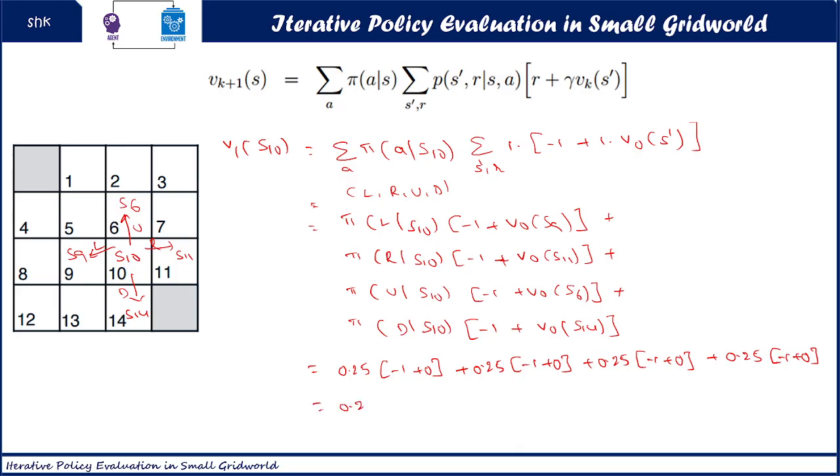0.25 if you take as common, you can write it as 0.25 into minus 1, minus 1, minus 1, minus 1, which is equivalent to 0.25 into minus 4, which will give minus 1.